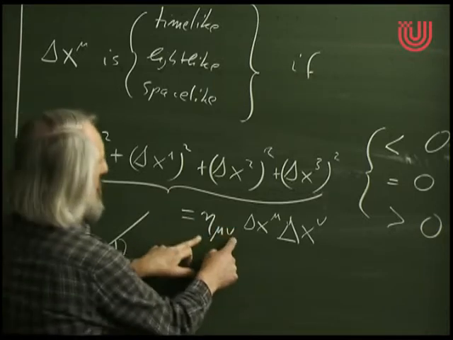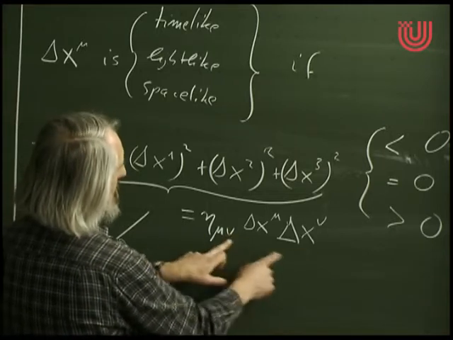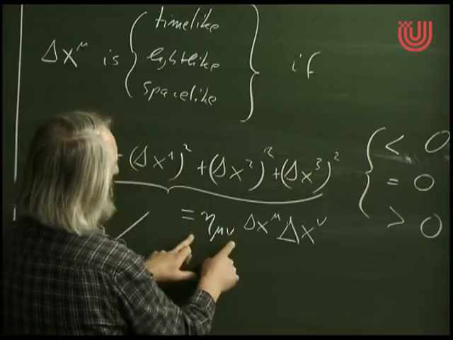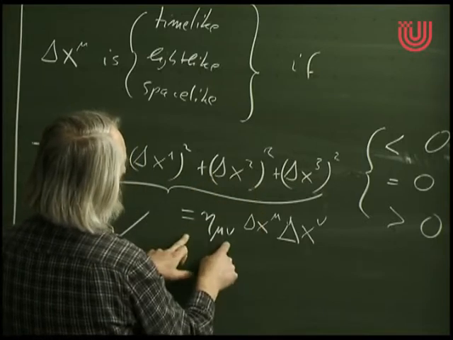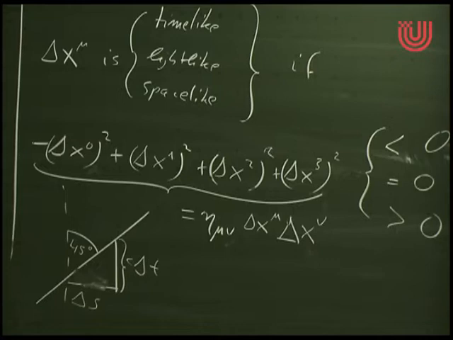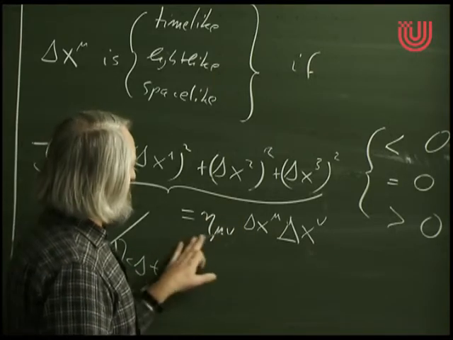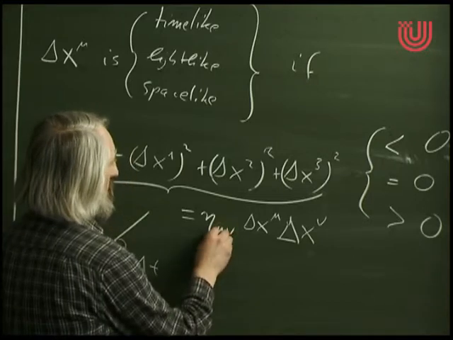So you get minus delta x naught squared, here it is. And then you get plus delta x1 squared, plus delta x2 squared, and plus delta x3 squared, and no mixed terms. It's just a compact way of writing this expression with the summation convention. Summation over mu and nu is always understood.